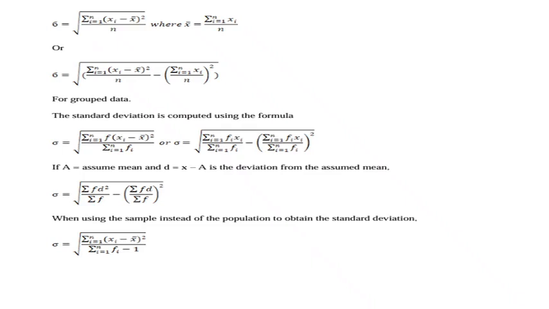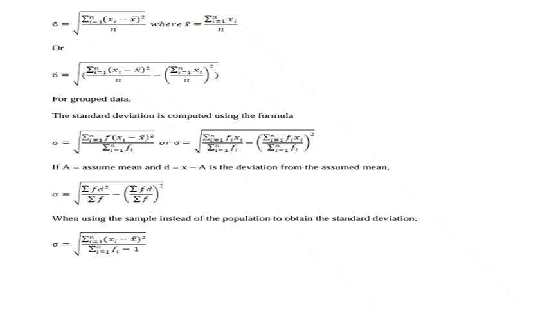So the standard deviation when we are considering the whole population, which is sigma, is given as the square root of summation i ranges from 1 to n, xi minus mu all squared, all over n.